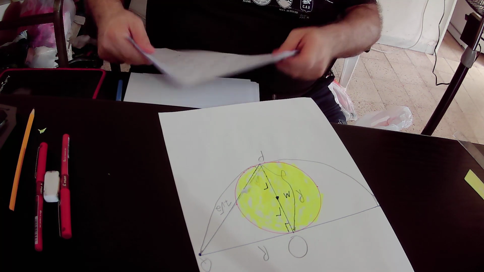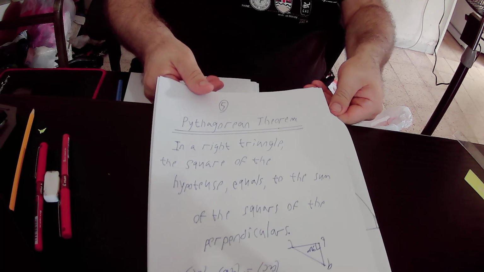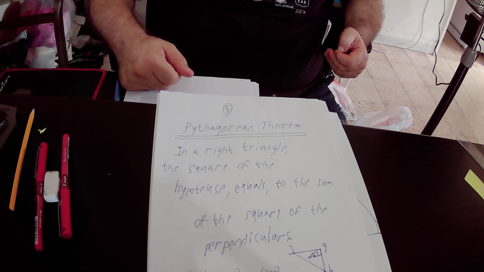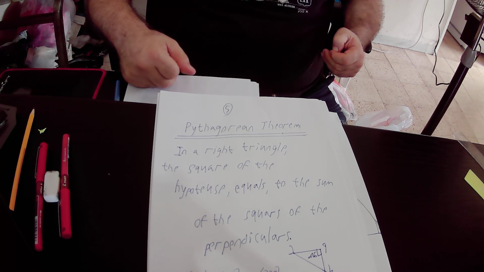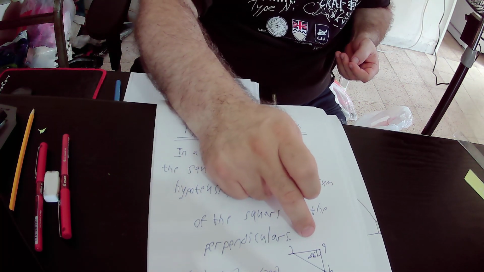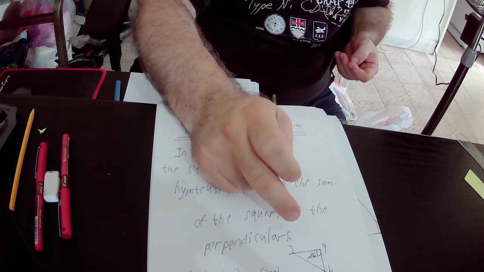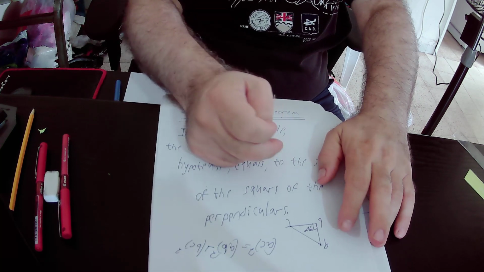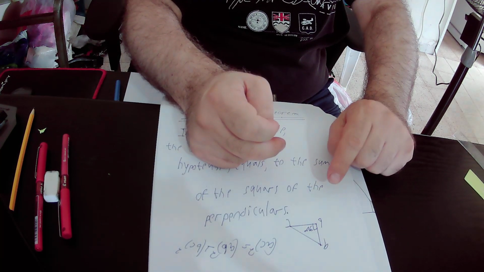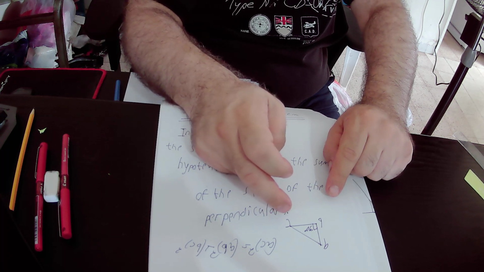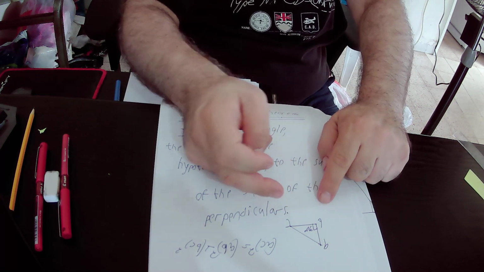Actually the Pythagorean theorem states that in a right triangle, the square of the hypotenuse equals the sum of the squares of the perpendiculars. So if we have a right triangle ABC, then the square of the hypotenuse, that is to say AC square, equals the sum of the squares of the perpendiculars, equals AB square plus BC square.